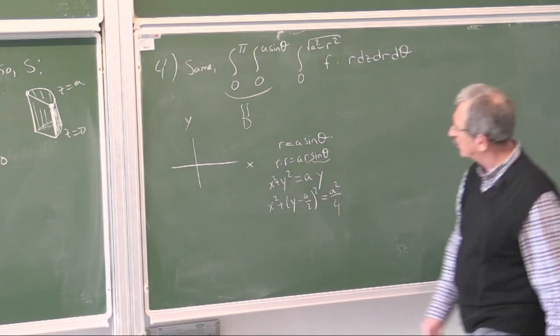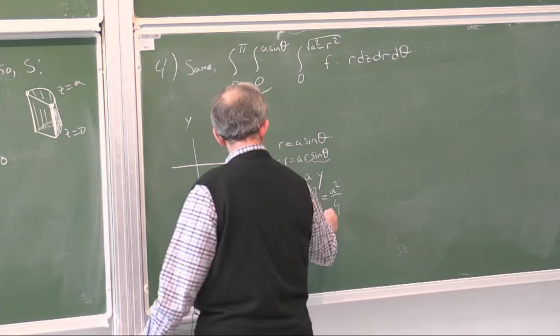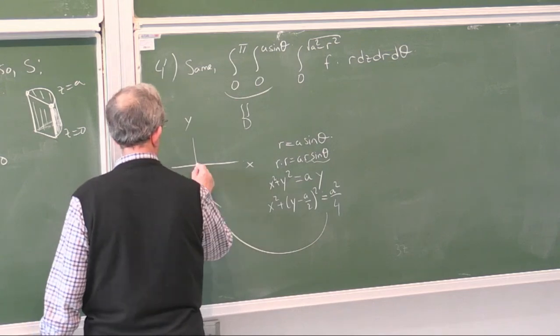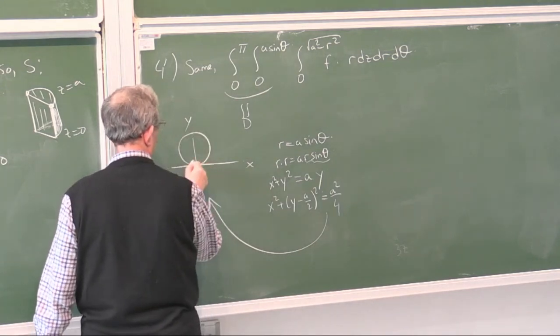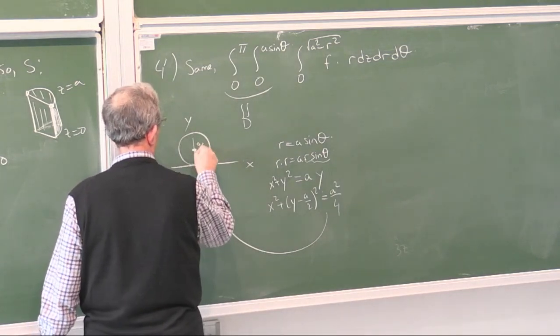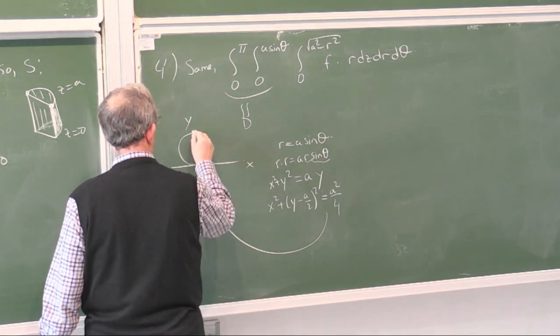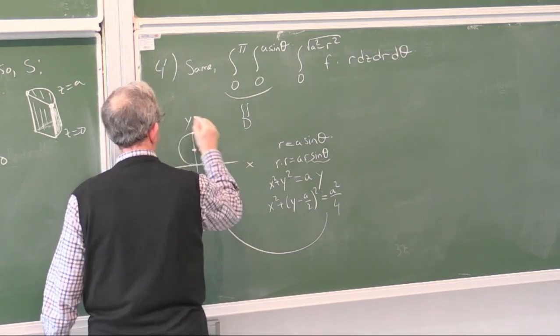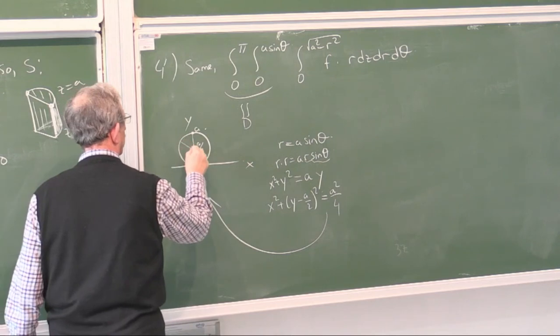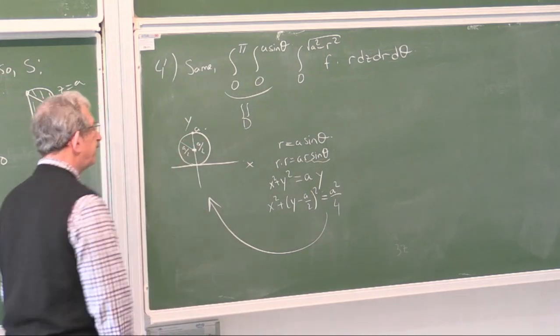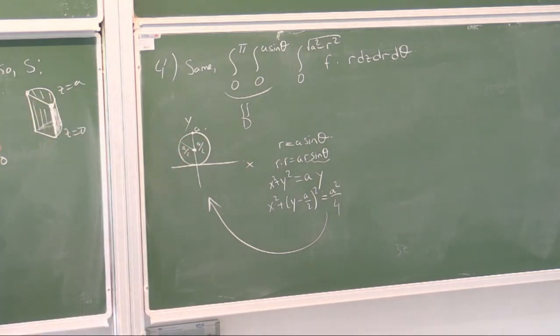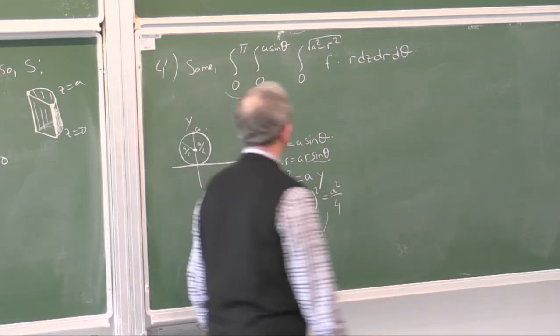In other words, it's the following. And the radius is a over 2. Okay. It's a shifted circle in here.